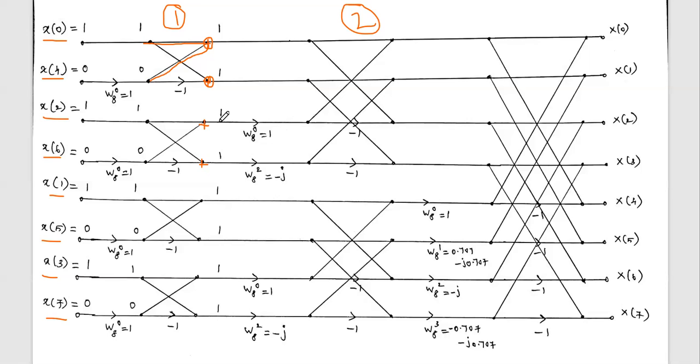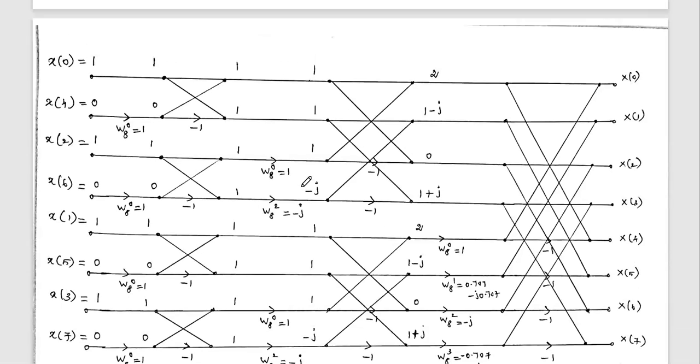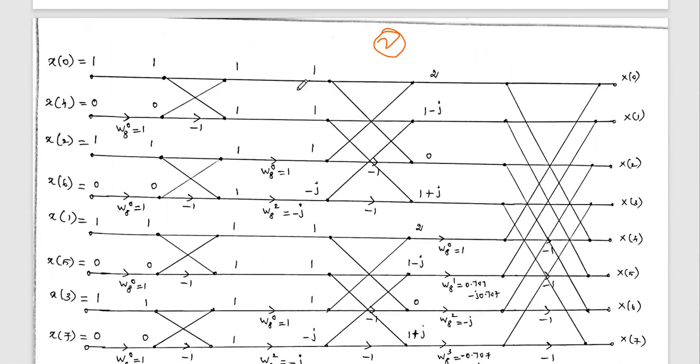You can refer to it. Here similarly, the first two lines are directly connected, then here we are multiplying with the multipliers W8 power 0 and W8 power 2. Before calculating the second stage, you just apply what inputs are available for the second stage. Here the same one is appearing here, the same one is appearing here.